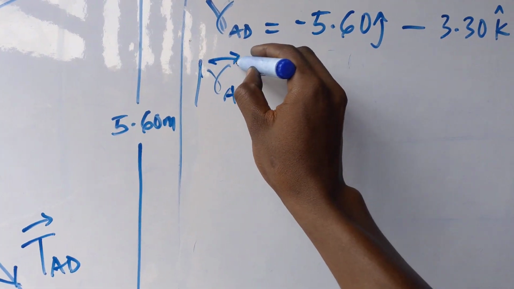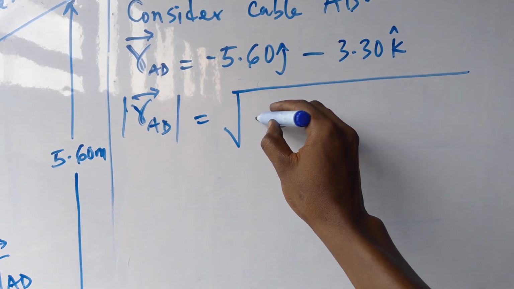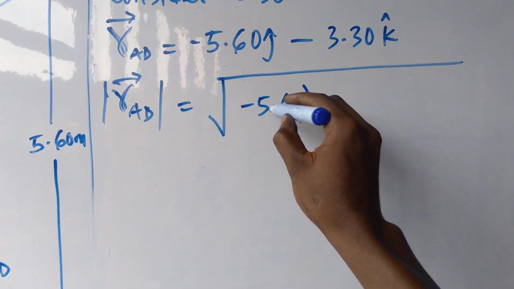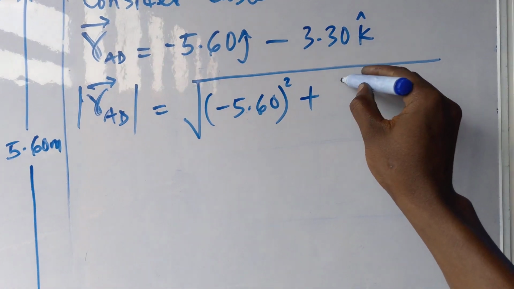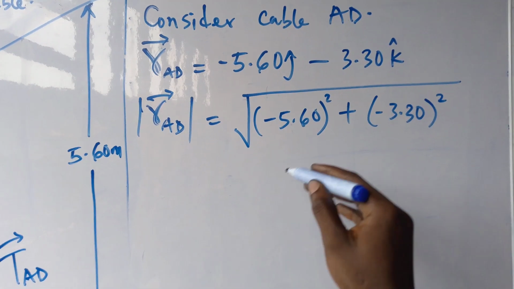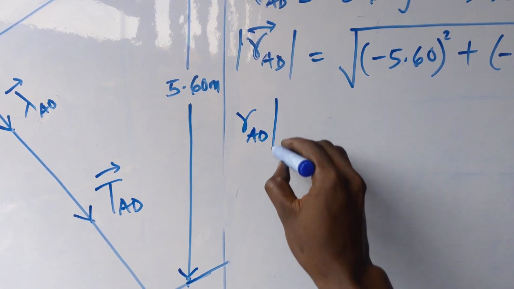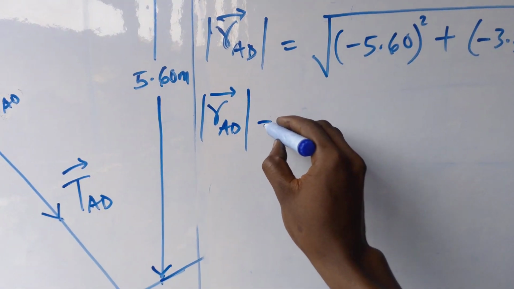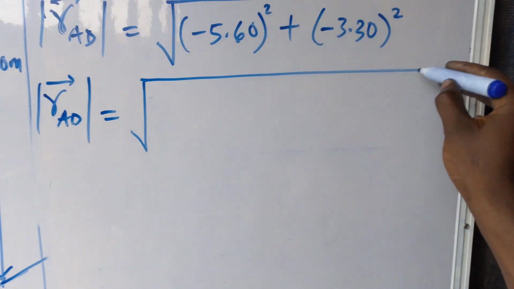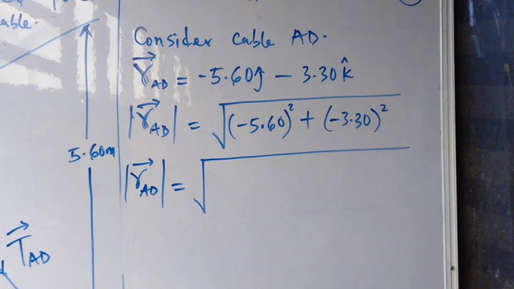The modulus of the vector RAD equals the square root of minus 5.60 all squared plus minus 3.30 all squared.